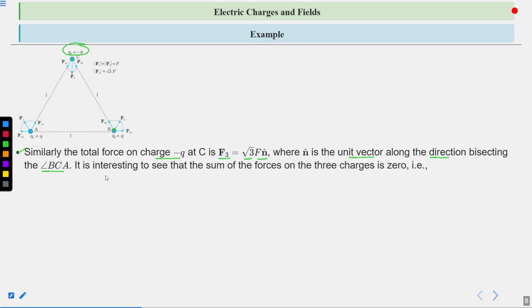It is interesting to see that the sum of the forces on the three charges is 0. So F1 plus F2 plus F3 is equal to 0. The net force is 0.